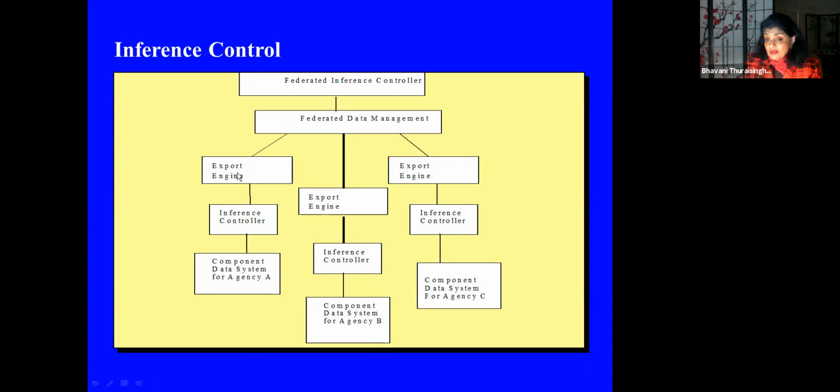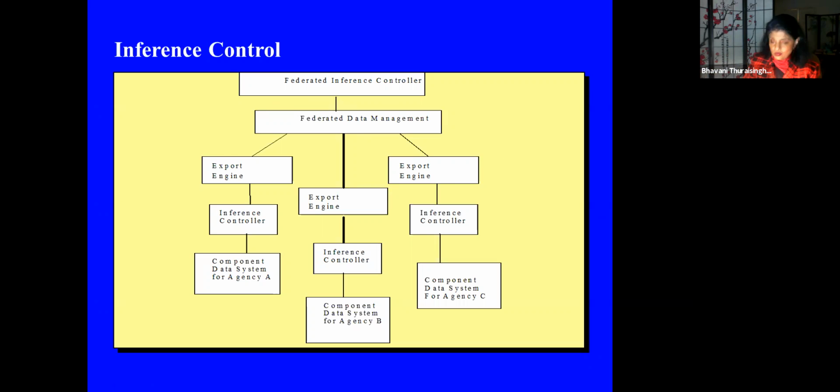Maybe not all of the results, only some of them you want to share with your partners. And then it goes to the federated data management. On top of it, you take all of this data together, integrate, and then a federated inference controller checks for unauthorized inferences, and then sends the data to the user. So this was the federated. Today, we have implemented a form of this in the cloud. And I also talked about it in one of my earlier lectures.